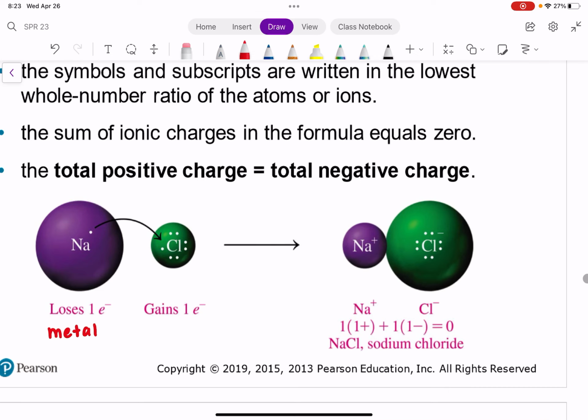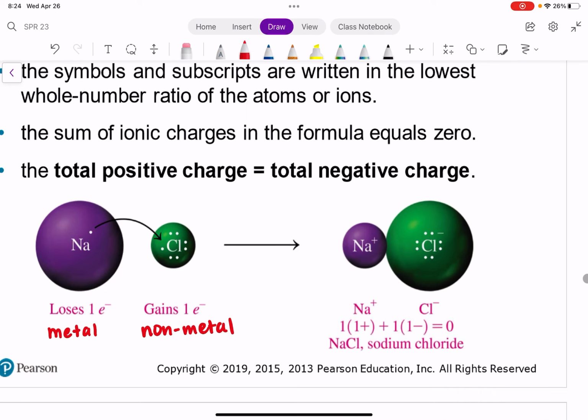And your non-metal, remember chlorine is a non-metal, it's a gas at room temperature, is gaining that electron. So look at where sodium is on the periodic table. It's in group 1A, which means it likes to lose one electron to form a 1+ charge. Okay, because why? Because it's losing a negative electron, right?